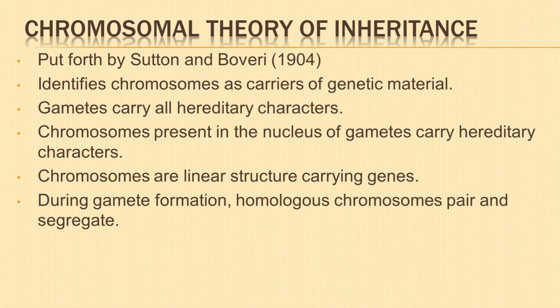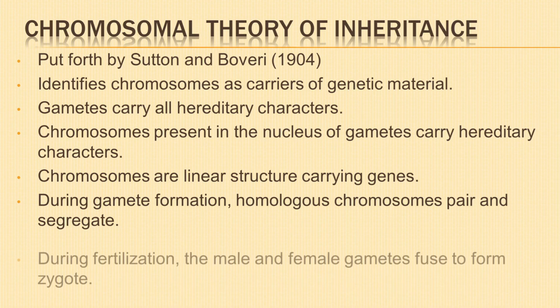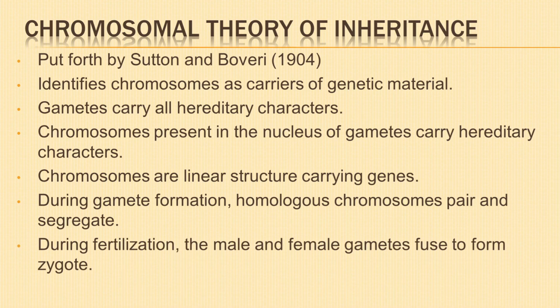Each gamete contains only one chromosome of a pair. During fertilization, the male and female gametes fuse to form a zygote retaining the diploid number of chromosomes.